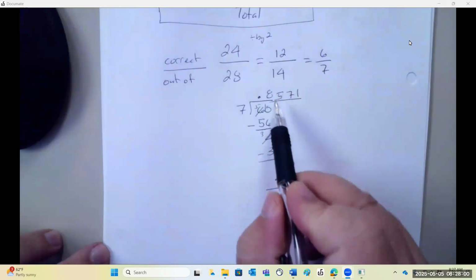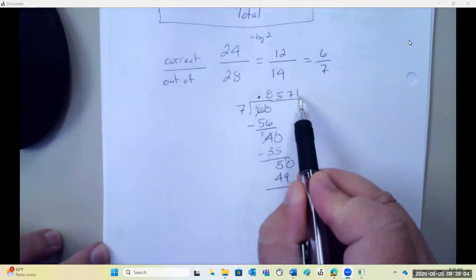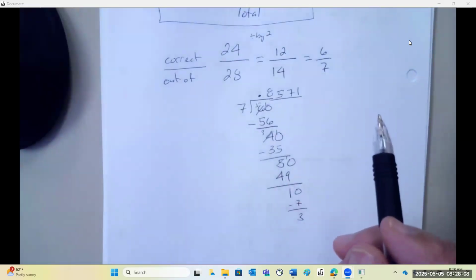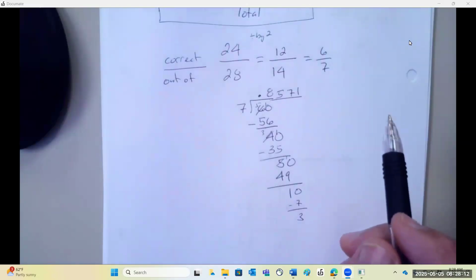Here's a question. How many decimals can we have here at the most, if it's a rational number? Six. Why 6? Because the denominator minus 1. Very good.